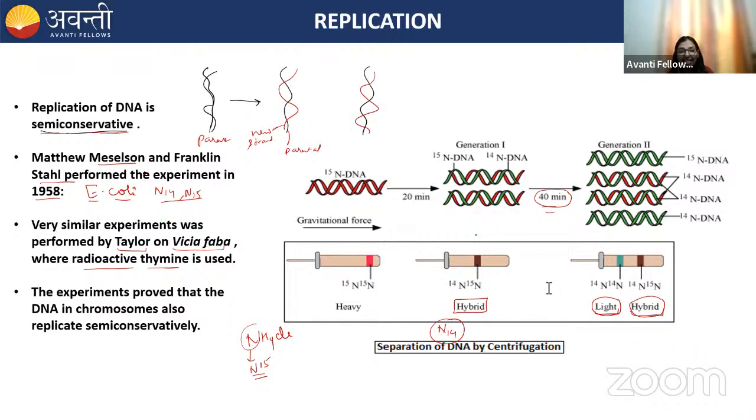Remember that Meselson and Stahl performed the experiment on E. coli, and E. coli is a prokaryote, whereas Taylor performed the experiment on Vicia faba, which is a eukaryote. So they used radioactive thymine. This experiment also proved that the DNA in the chromosome replicates semi-conservatively. So the replication is semi-conservative in nature.